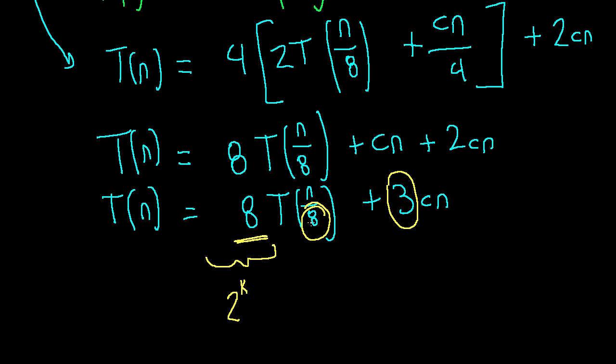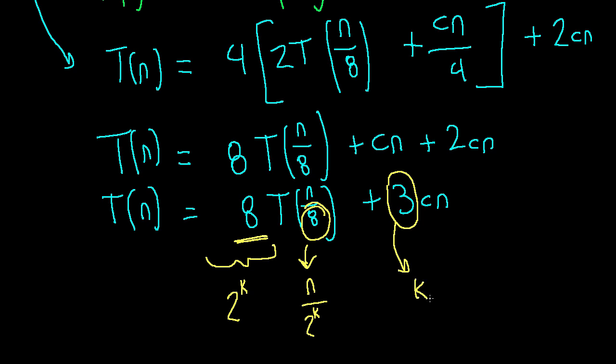It started off being n over 2, then n over 4, then n over 8. So this 8 is also going to be 2 to the power of k, but just for the sake of it, I will write this as n over 2 to the k, so we don't get confused. So we have 1 over here, 1 over here, and then what is this value over here? Well, this one's just going up by 1 each time, from 1 to 2 to 3. That one is simply going to be k.